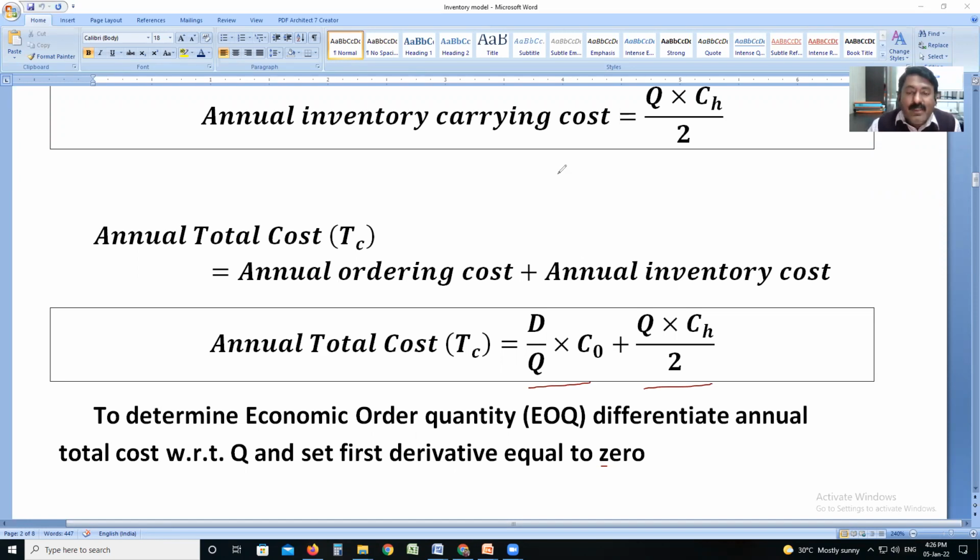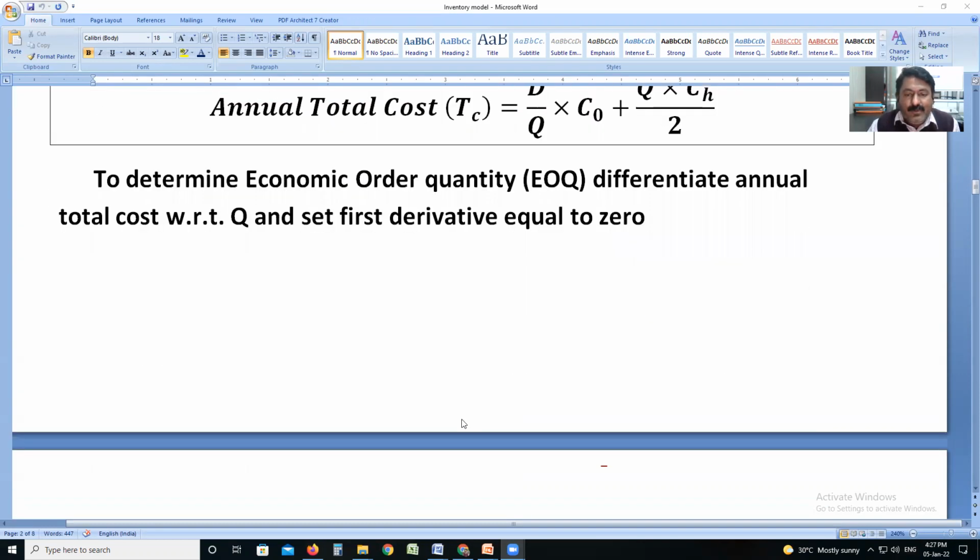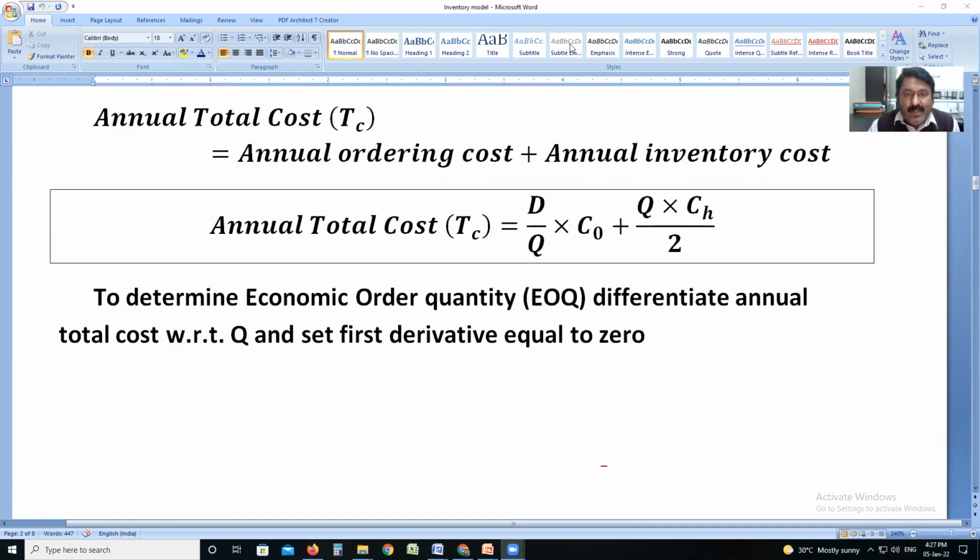So now here, if we want to calculate this economic order quantity, then friends, we have to differentiate the above equation with respect to Q, and equate that first derivative, d by dQ of this total cost, to 0. I will highlight here, and then we will proceed further.